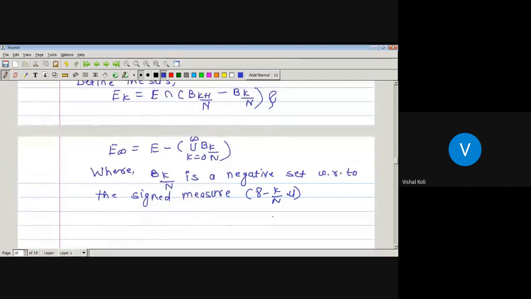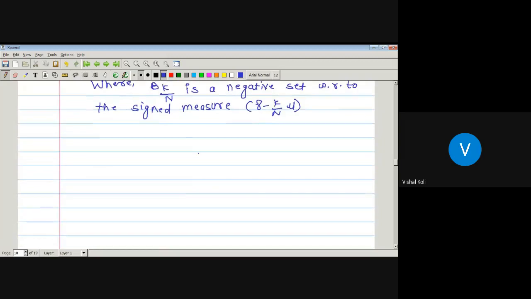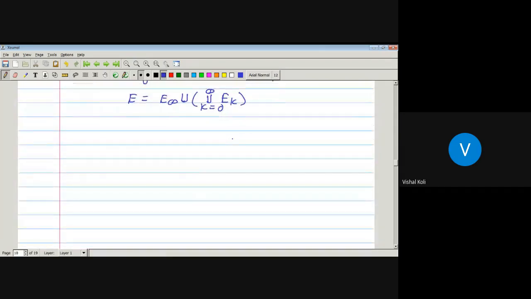Now, as E infinity equals E minus the union over k running from 0 to infinity of B_{k/n}, if we put the value of E_k in this, then we get capital E as E infinity union the union over k running from 0 to infinity of E_k, where each E_k is a disjoint measurable set.